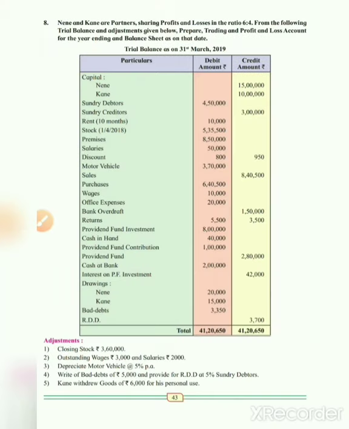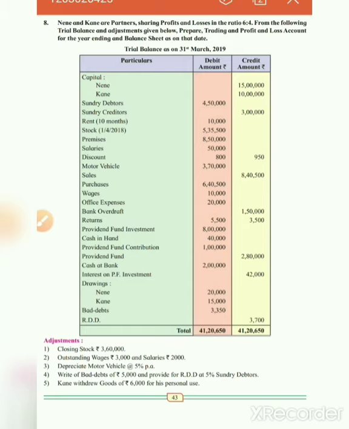Means generally to give retirement benefit to the employees, such funds are created by firms. Provident funds are always payable to employees. For this fund, employees used to contribute a particular portion of their salaries and also the employer, that is the firm must contribute on behalf of its employees.